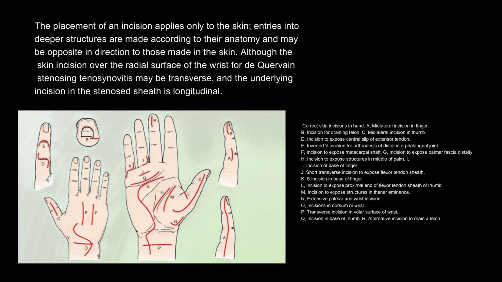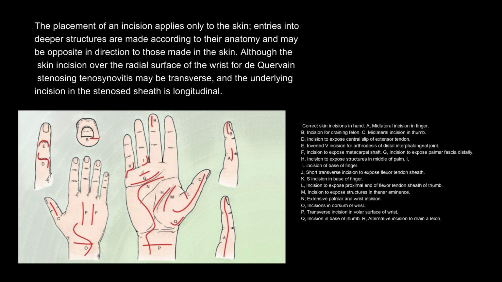I. L incision of base of finger. J. Short transverse incision to expose flexor tendon sheath. K. S incision in base of finger. L. Incision to expose proximal end of flexor tendon sheath of thumb. M. Incision to expose structures in thenar eminence.